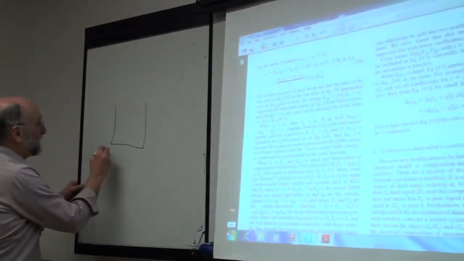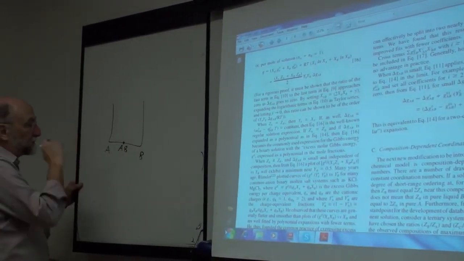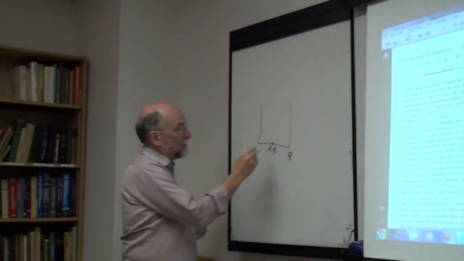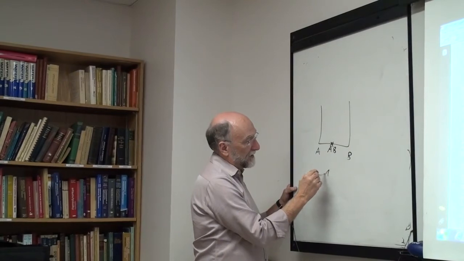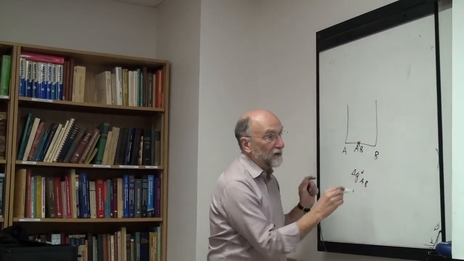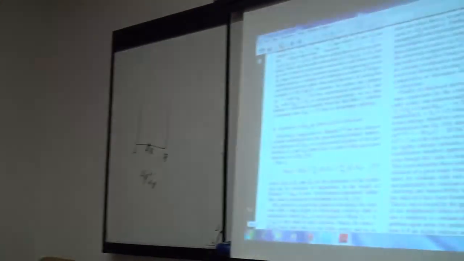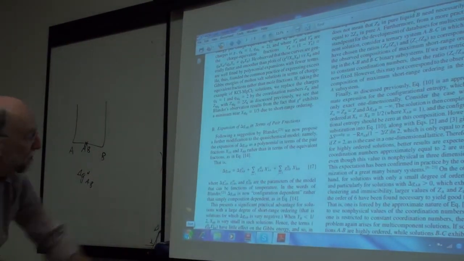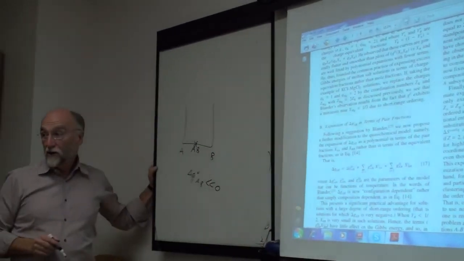Let's call the solution AB, and let's say you have very strong ordering around this composition. So your leading term, delta G naught AB, whatever you want to call it, is extremely negative. So you have very strong ordering.